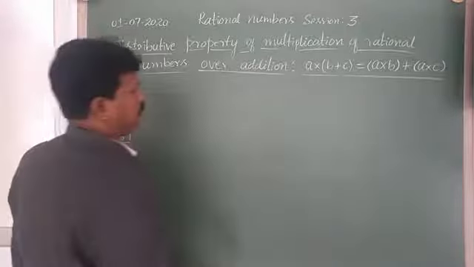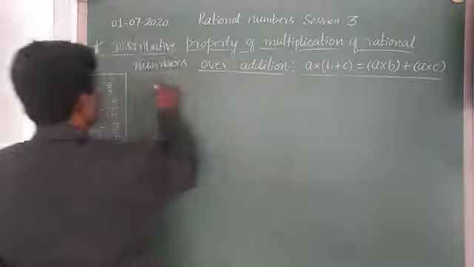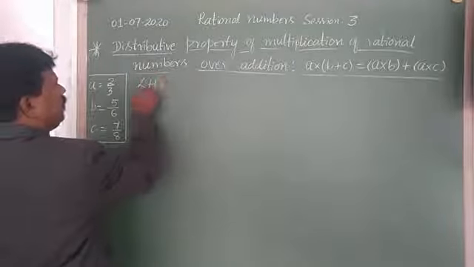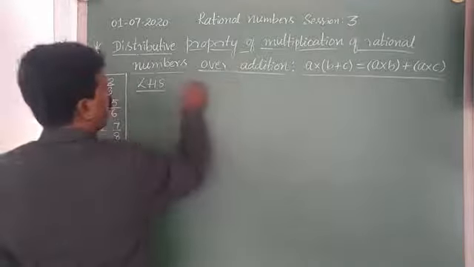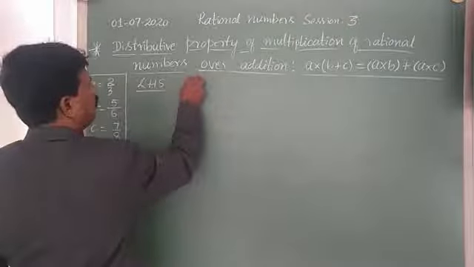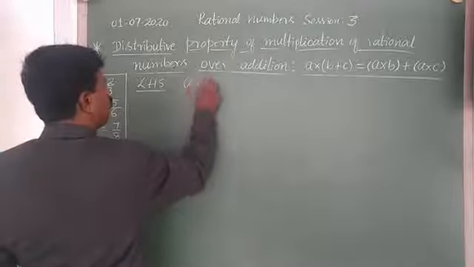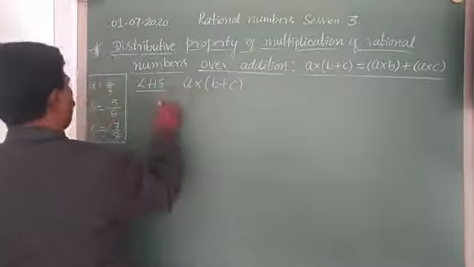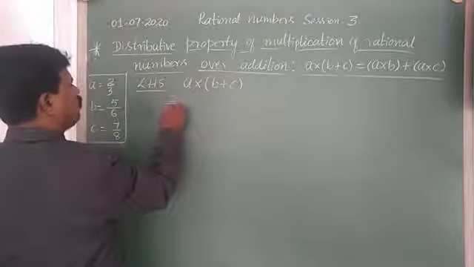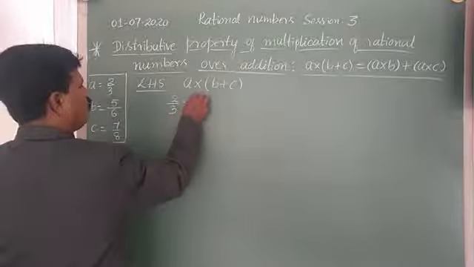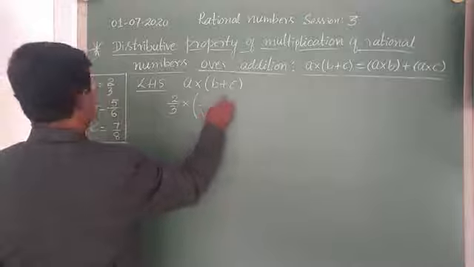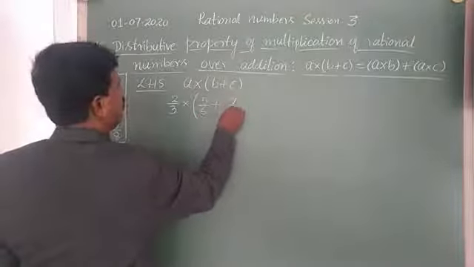Now let us take the left hand side, LHS. So what is given? A into (B plus C). Now what is A? 2 by 3 into, what is B? 5 by 6 plus C is 7 by 8.